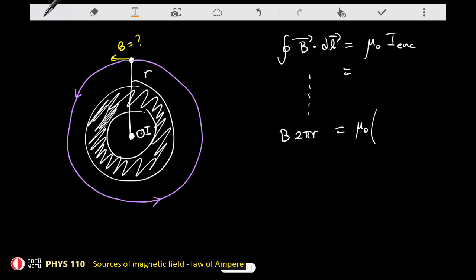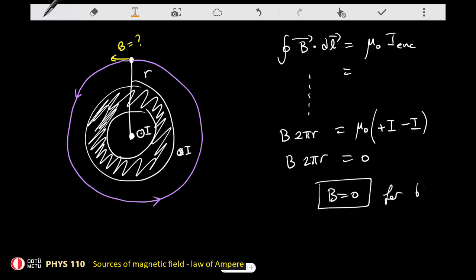I need to count the current on the central wire as a positive I, so I just write this as positive I. I need to count the current that's going into the screen as negative, so therefore this is minus I. And so the right hand side is equal to 0. 0 divided by 2 pi r is 0, so therefore the magnetic field is 0 outside.